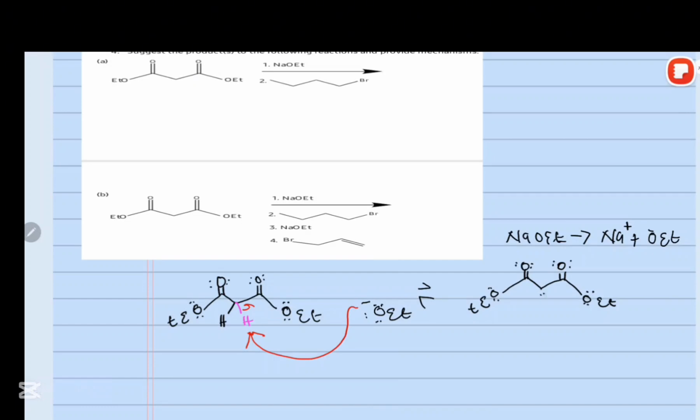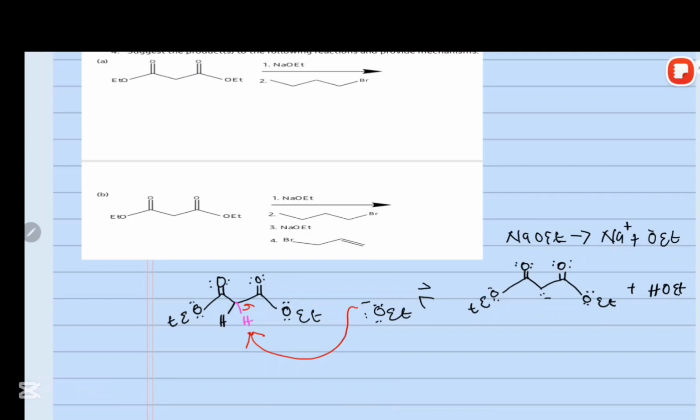We see a negative charge. It has become a base now. So this is the first step. If you want, you can add as well the product which has been formed, HOEt. But our main focus is on the first one.